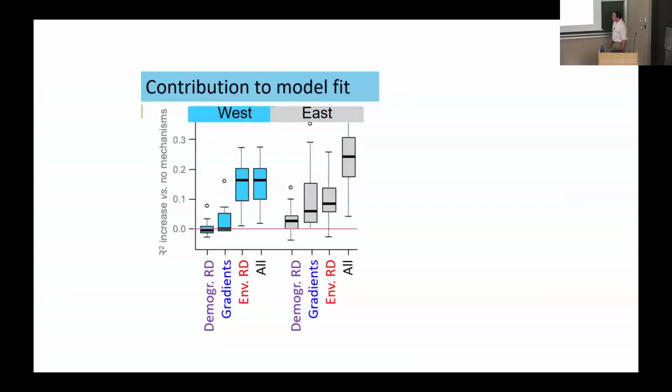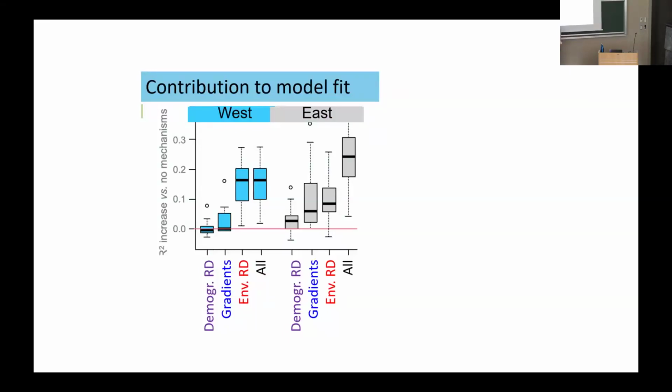Okay, so before I show you how the simulation stuff turns out, the vertical axis here is the contribution to prediction accuracy for each of these different cases. So the things to take from this are that there's almost no evidence on either coast across all those species of demographic response diversity.